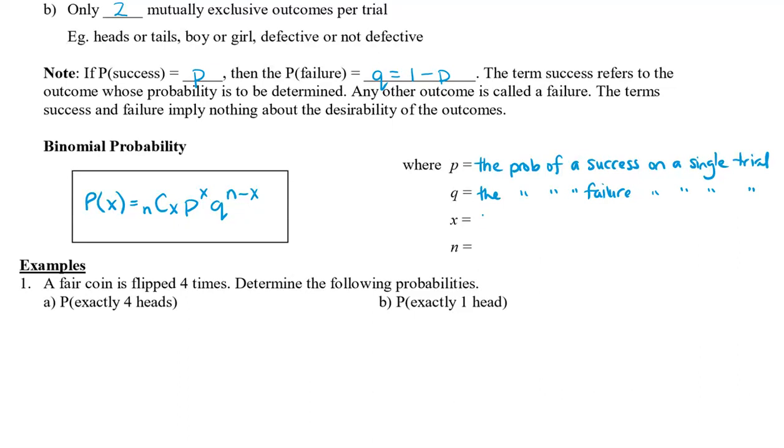And then X is the number of successes, and then N is the number of trials, which is how many times we are doing the event.